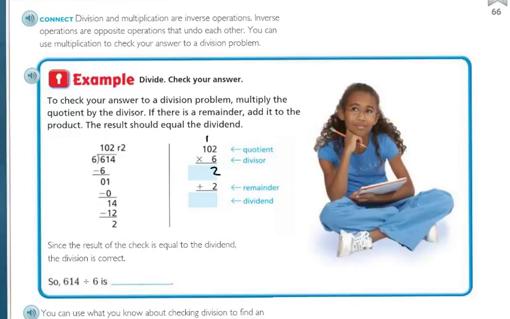So I put my 2 here, I put my 1 above there. 6 times 0 is 0, plus 1 is going to be 1. 6 times 1 is 6, so I have 612. Now I have to add my remainder, my 2, right? So I'm going to get 614. And there we go, 614. So my answer is right. 614 divided by 6 is 102 with a remainder of 2.